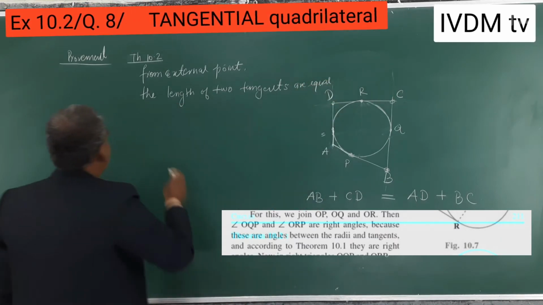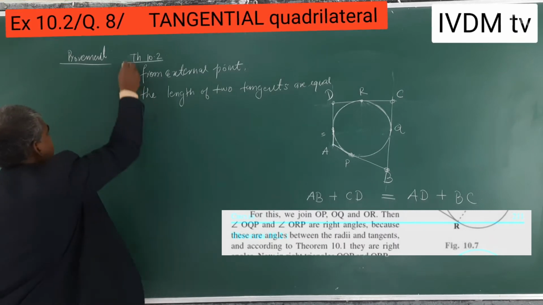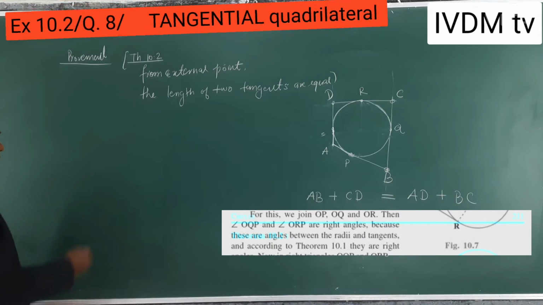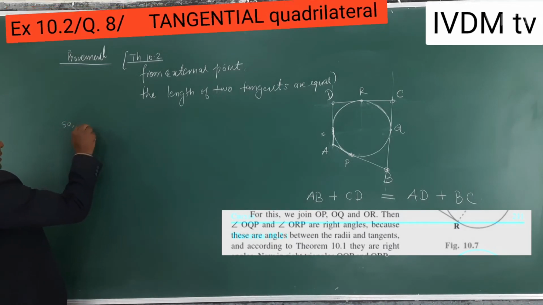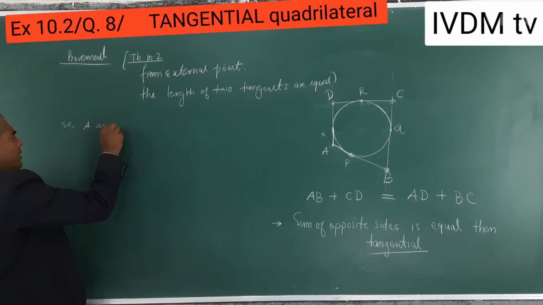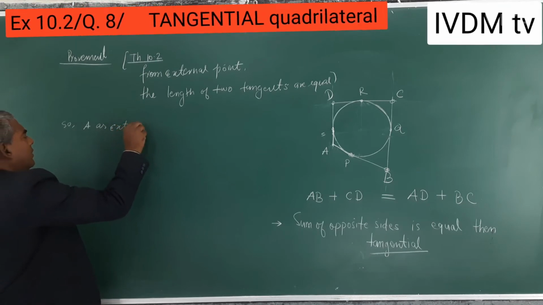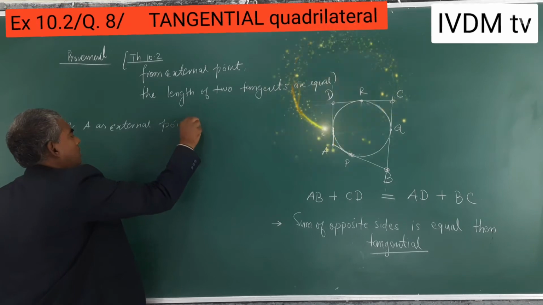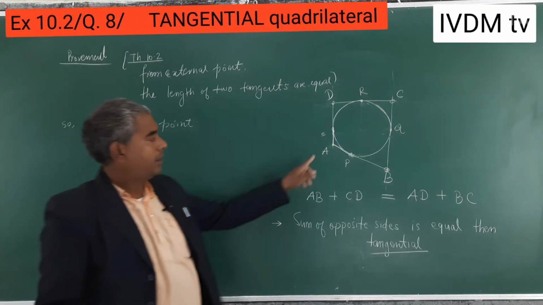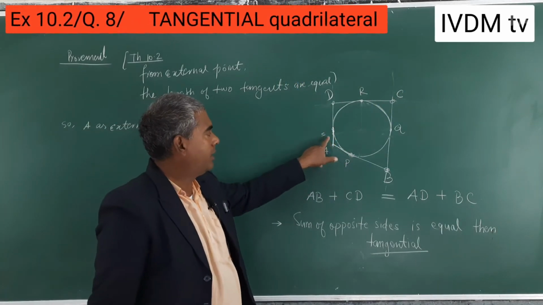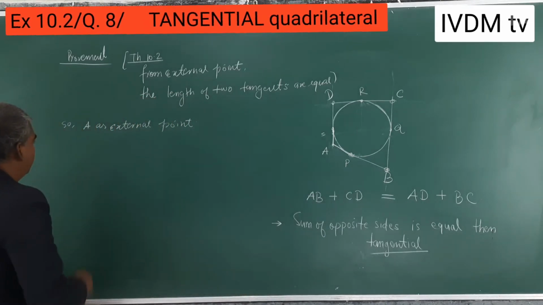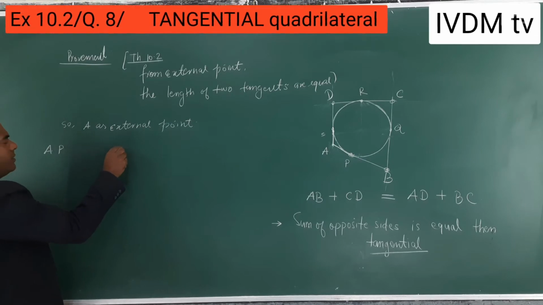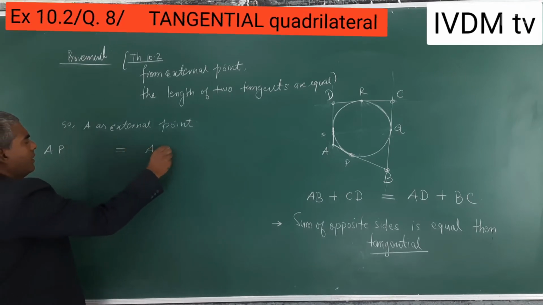So this was theorem 10.2. So A is an external point, what you can write? AP is equal to AS.